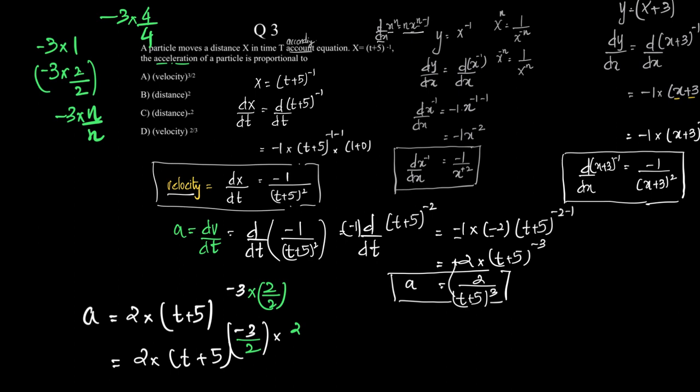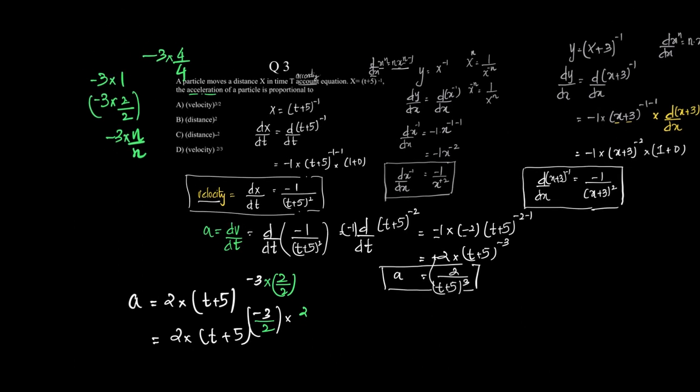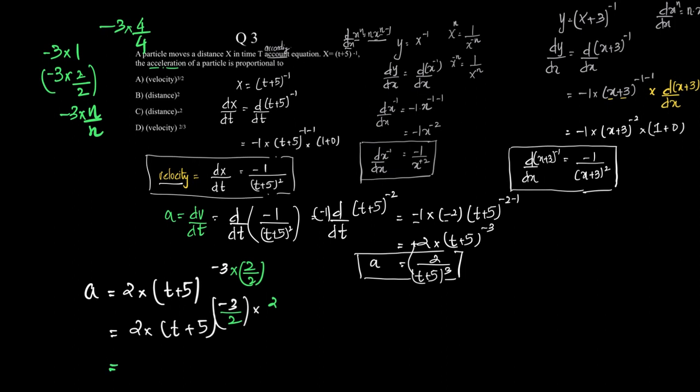The value remains the same. Further, let's have a look at (t plus 5) raised to minus 3 by 2. I'll write it again as (t plus 5) the whole raised to minus 2, the whole into 3 by 2.